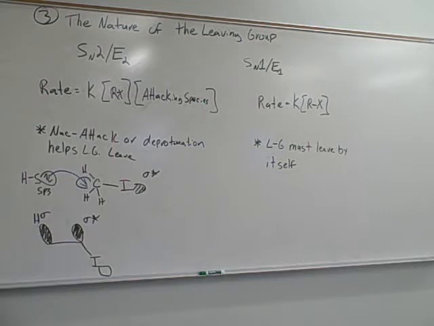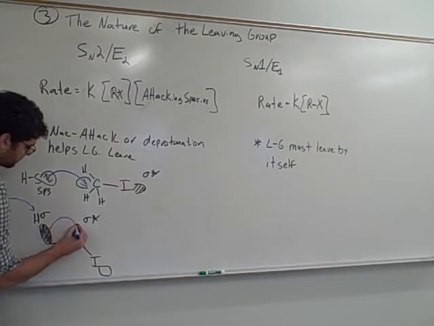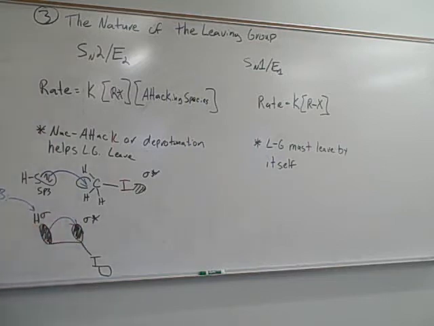We see the same type of thing happening for an E2 reaction, where some sort of base comes and plucks off a proton. The electrons in this carbon-hydrogen bond are then free to overlap the sigma star orbital, the anti-bonding orbital of the bond holding the leaving group to our carbon, causing it to leave.